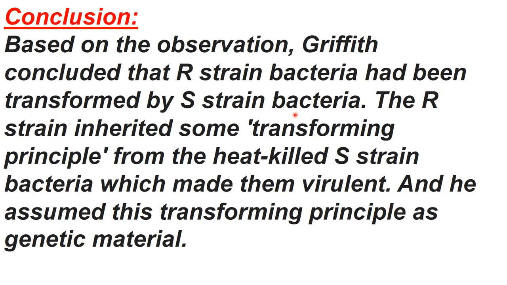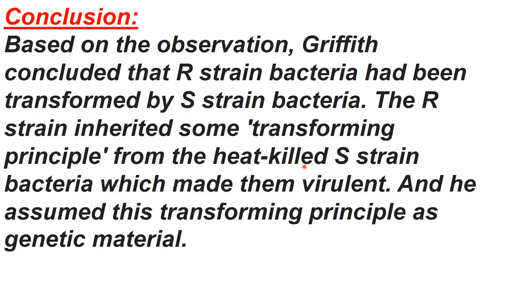meaning those dead, heat killed form of S strain bacteria have transferred something to the R strain bacteria and have changed them to the S strain. So the R strain inherited some transforming principle from the heat killed S strain bacteria, which made them virulent.